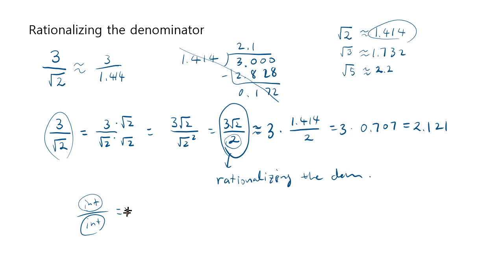That's called a rational number. Of course, the bottom one cannot be 0. This is not quite a rational number because the square root of 2 is not an integer, but at least the denominator has been rationalized. So that's the terminology people use.